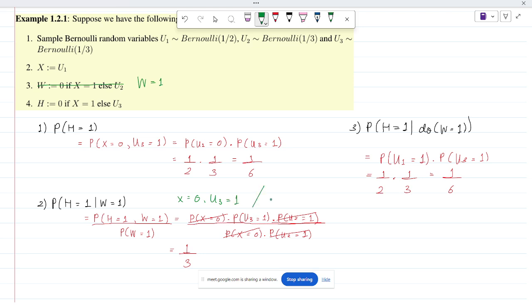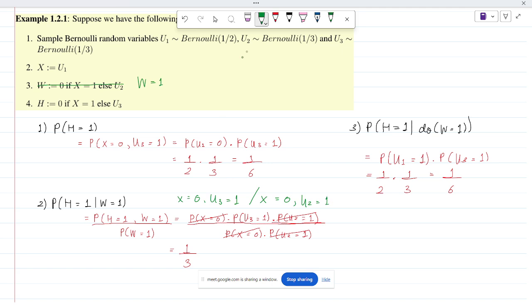Yes. And in order for H to be equal to 1, um, no, hold on. This was for H, right? In order for W to be equal to 1, X also has to be 0. Yeah. So in order for W to be equal to 1, you have to ensure that X is 0 and that U2 is equal to 1.